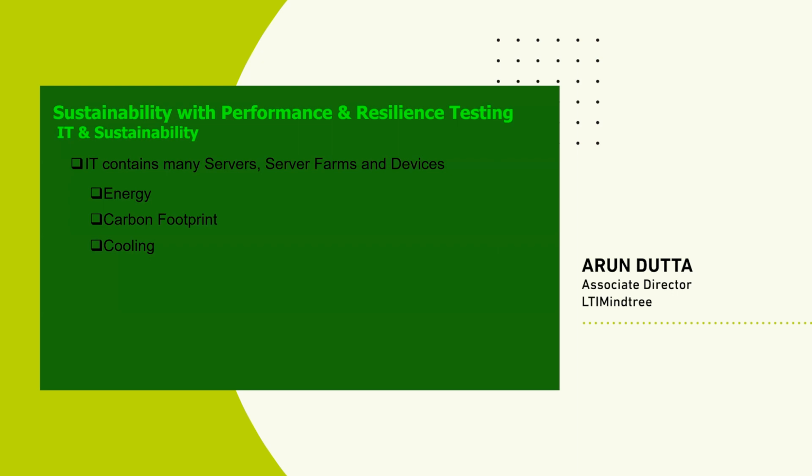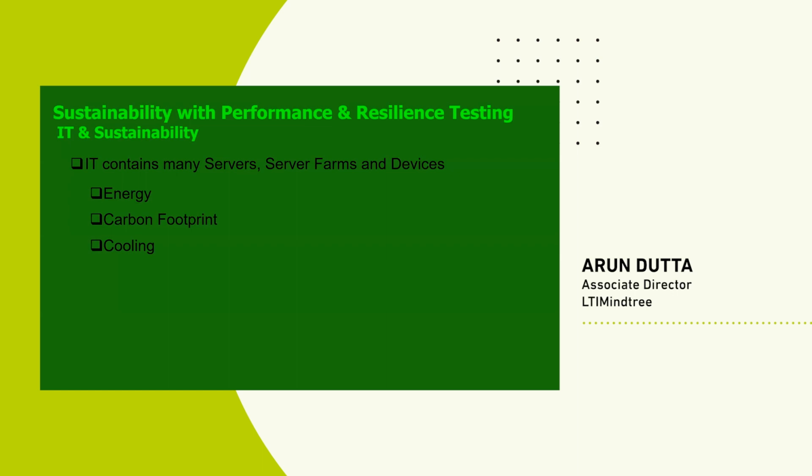All these devices, equipment, servers and server farms need a huge amount of energy. Without energy, they cannot run. These machines and devices also have a carbon footprint, because they generate a massive amount of greenhouse gases, in the form of carbon dioxide and methane, which has a huge carbon footprint.